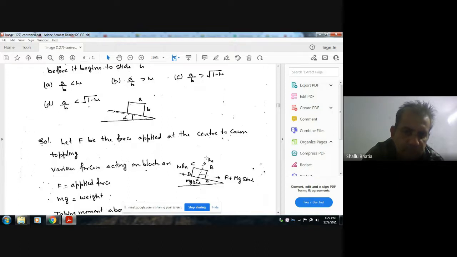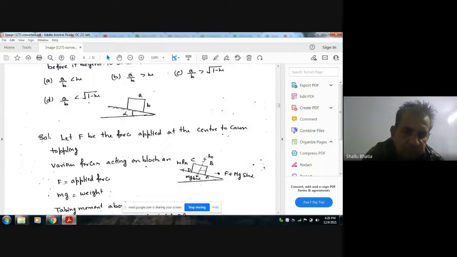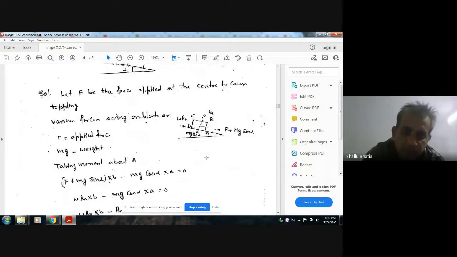Now if the block has to topple in spite of sliding, it has to generate some movement about it.